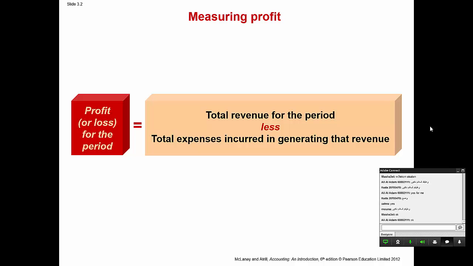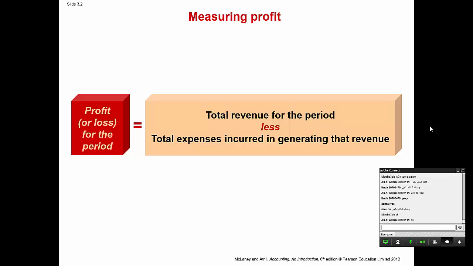So at the end of each year, we prepare the income statement to see exactly how much we gain, how much profit we have, or sometimes how much we lost.